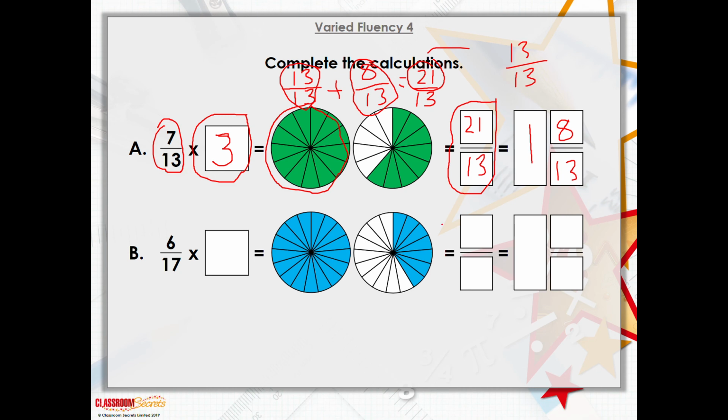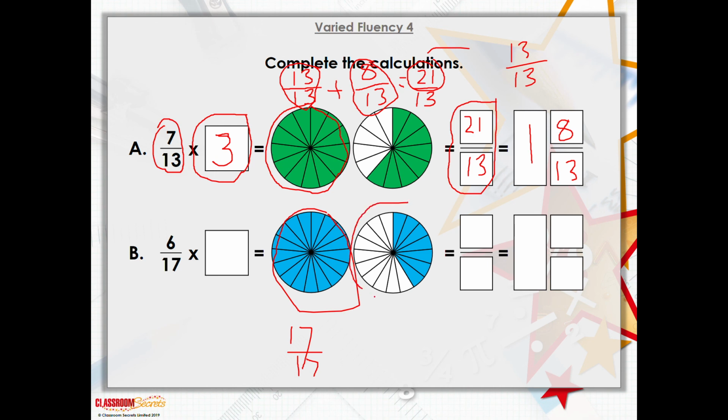Right, let's have a look at the second part of the question, section B. We have 6/17 times by, and then we have our pictures over here. So again, your first step is, we know that this whole has been split into 17ths. If it's a whole number, we need to look at that denominator, it's 17/17.